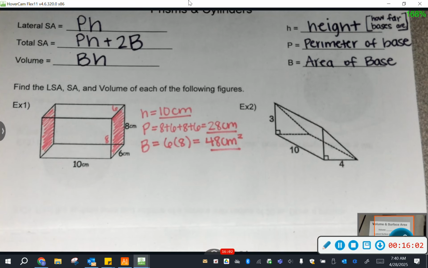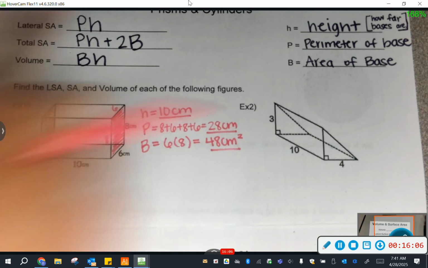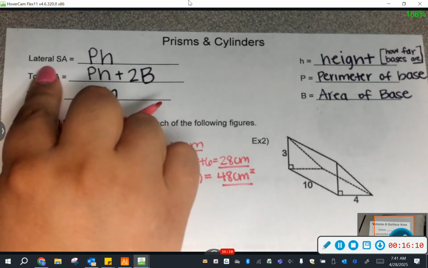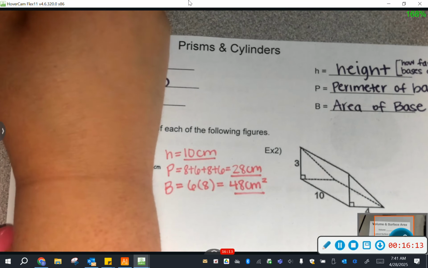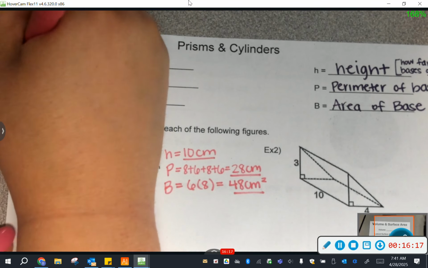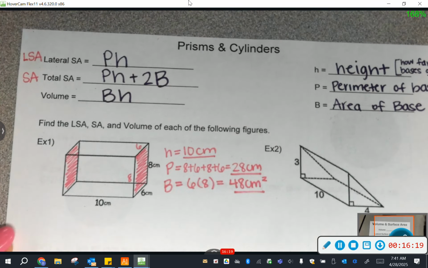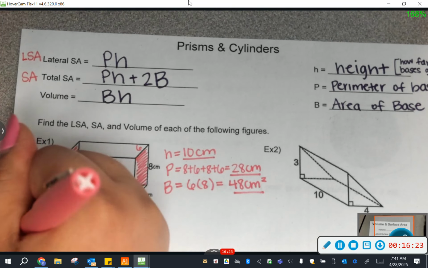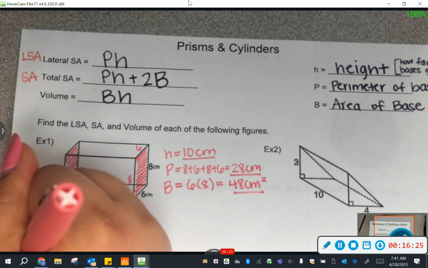That's the hardest part. Once you find those three things, now we're just going to plug them into this. So, for lateral surface area, by the way, sometimes we call this LSA. And total surface area, I usually just call it SA. So we have to find lateral surface area, total surface area, and volume now.